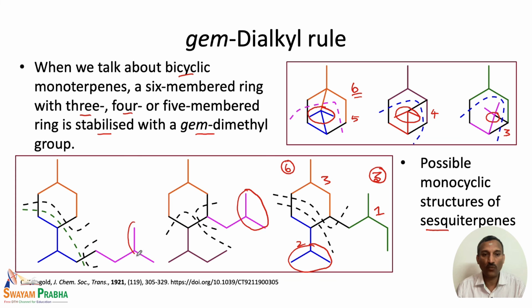Here again, the gem-dimethyl is kept outside of the ring, and this 6-membered ring does not have the gem-dimethyl unit when it is a monocyclic system. So that is the major difference with respect to the gem-dialkyl rule. If it is a bicyclic system, the gem-dimethyl stabilizes the ring. If it is a monocyclic system, the gem-dimethyl destabilizes the ring.